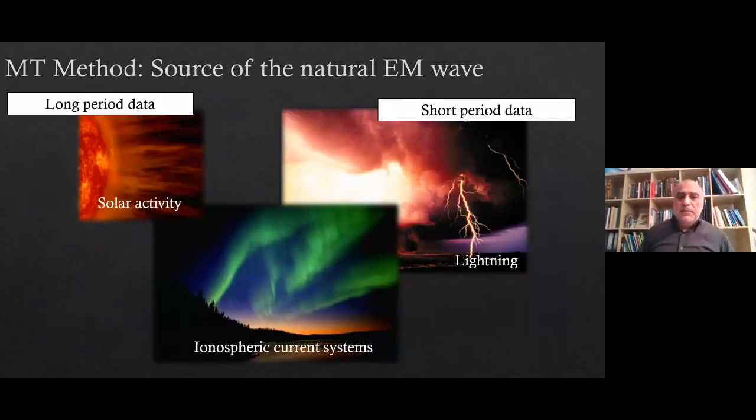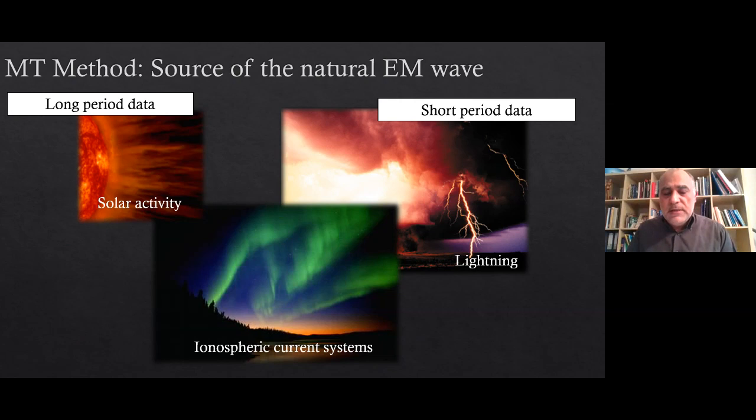As I mentioned before, MT is based on natural source electromagnetic waves. These electromagnetic waves come from solar activity, which interacts with the ionosphere of the Earth, creating an ionospheric current system that penetrates the subsurface, creating a secondary field, and that's what we measure.